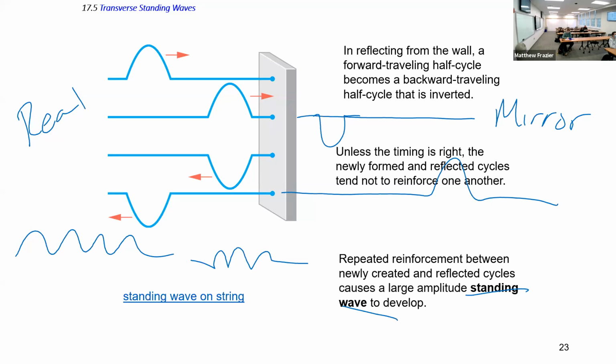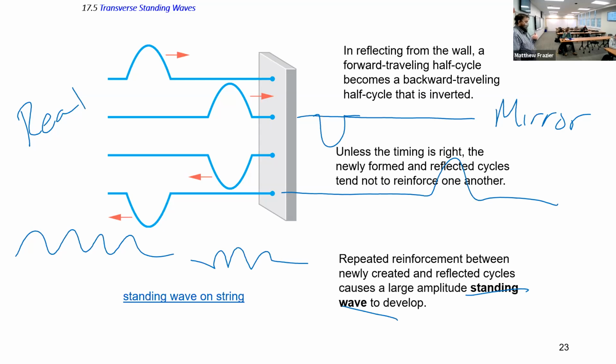But in general, the way it's always going to be phrased to you is a pipe or an instrument or a string is going to have a wave propagate along it. And the gist of what happens is the wave reflects. If it reflects off a fixed end, it flips over. If it reflects off a free end, then it doesn't flip over. But either way, it's going to interfere with itself.